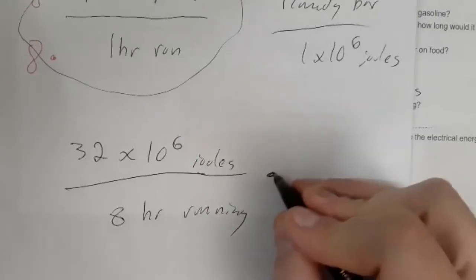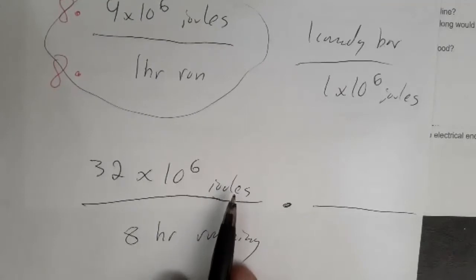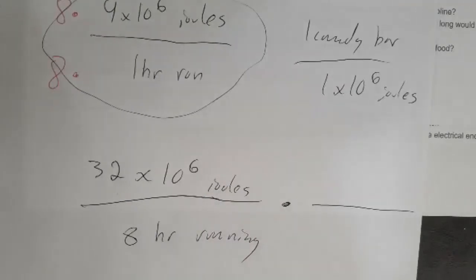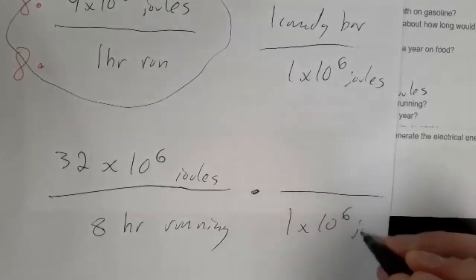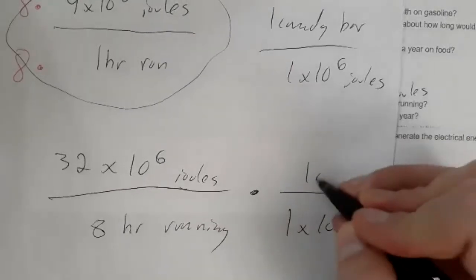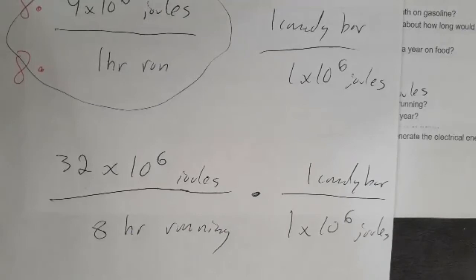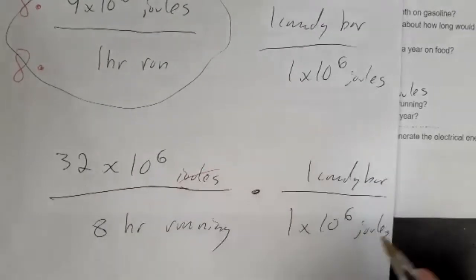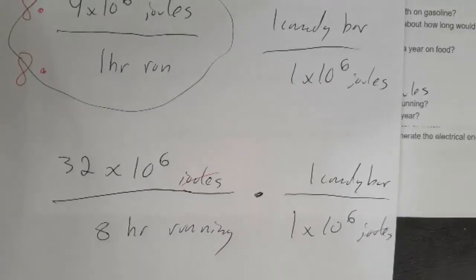Oh, I might have set this up just correctly. If I want to get rid of joules here, I'm going to have to set them up differently. There's probably other ways to think about this. But this is giving me candy bars per hours of running, is what units this would be in if I went straight across.